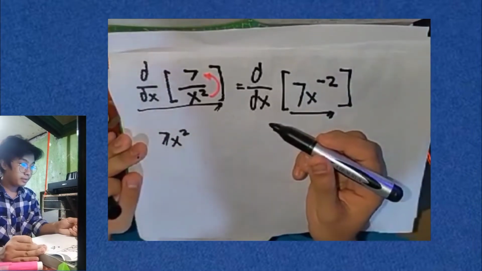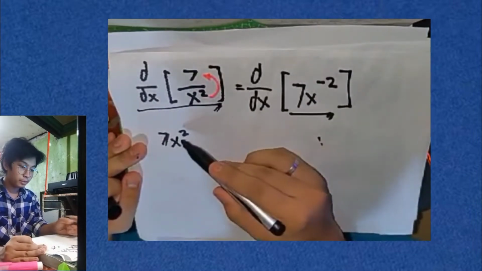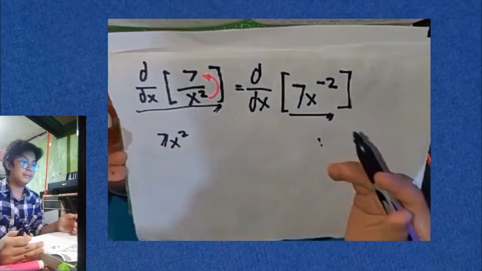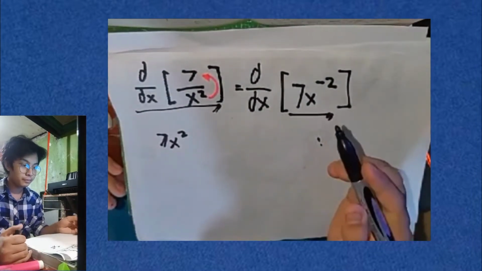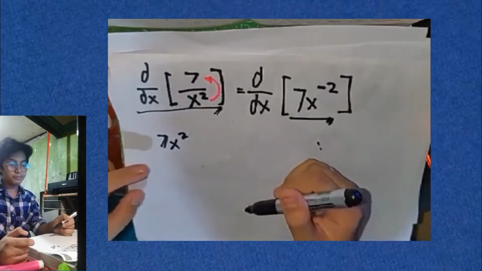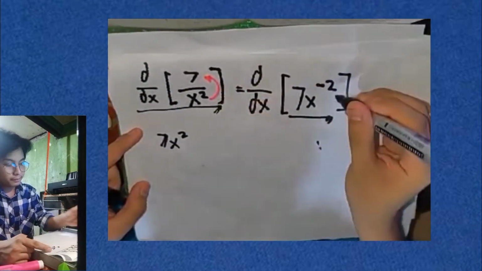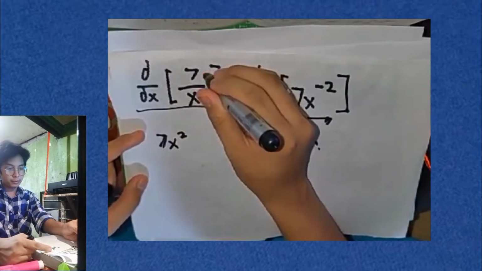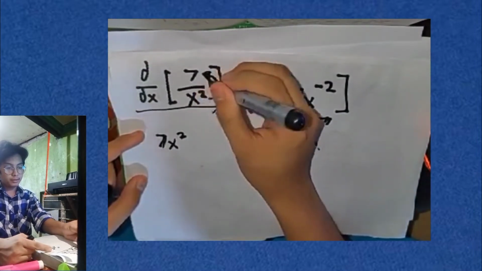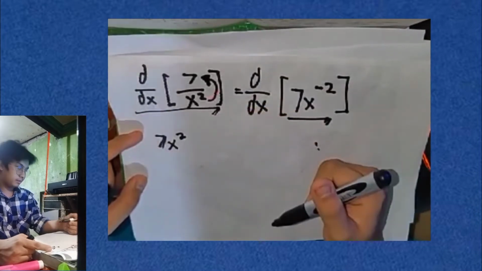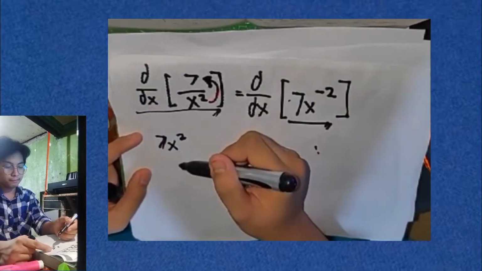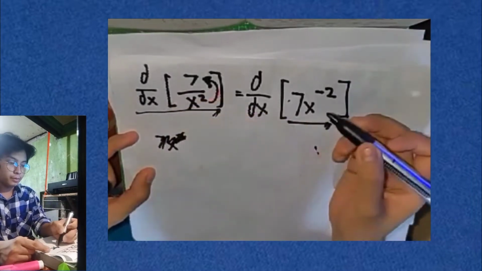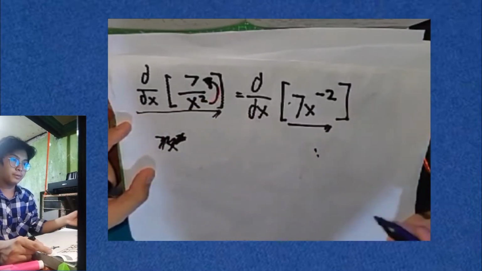To make it right, the exponent 2 will become negative. It becomes negative 2 because the x squared transfers from bottom to top, then its sign will change from positive to negative. Now our given is more computable than before.